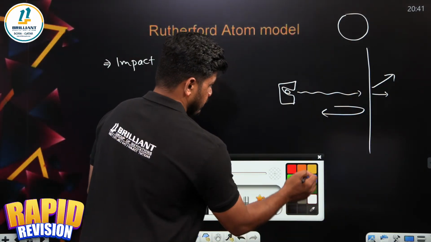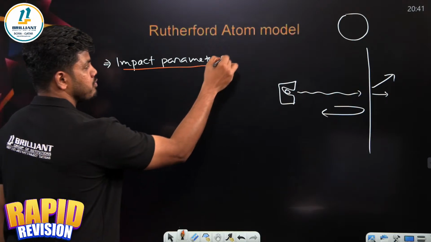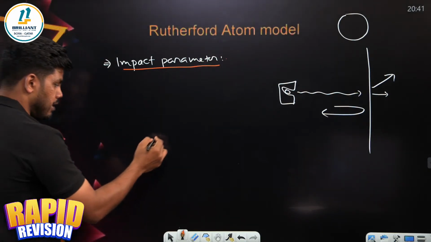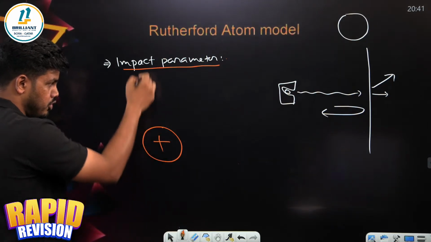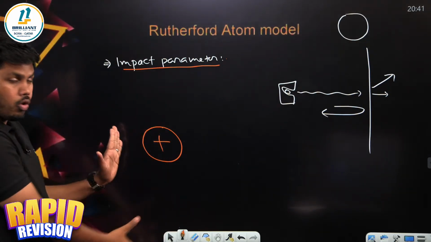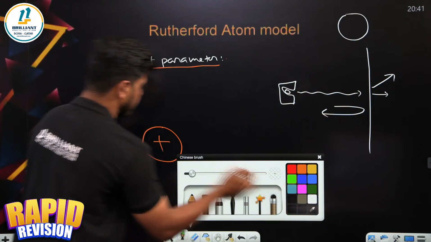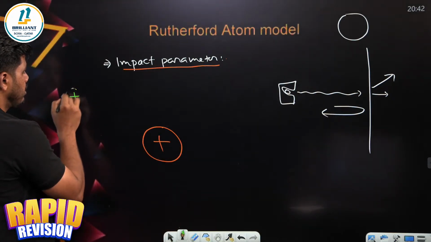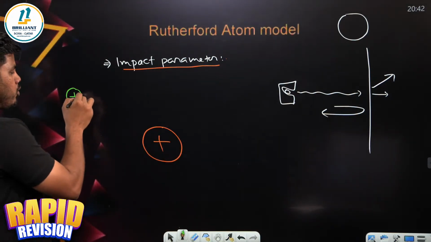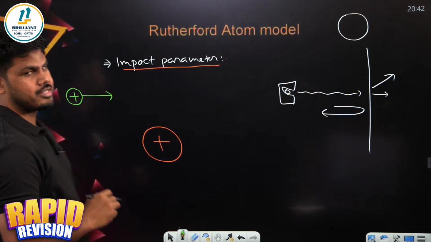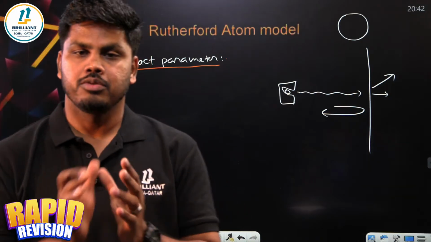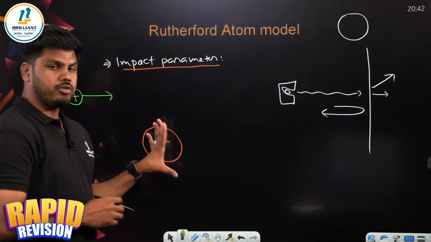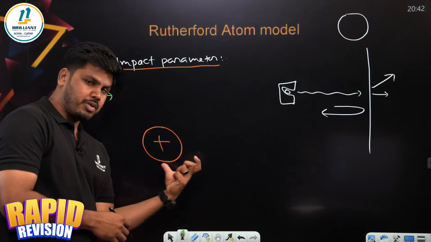Anyway. Physical significance of impact parameter. Impact parameter is a distance. This is the nucleus in the gold foil, the gold nucleus. An alpha particle is passing through the gold foil. Both of them have positive charge. The alpha particle is a combination of 2 protons and 2 neutrons, so it has positive charge. All the positive charge is concentrated at the center of the nucleus.